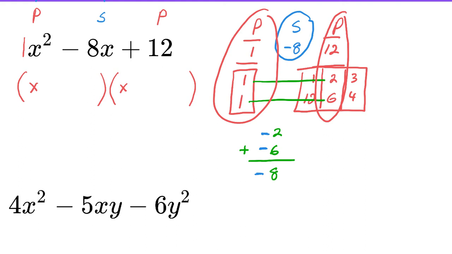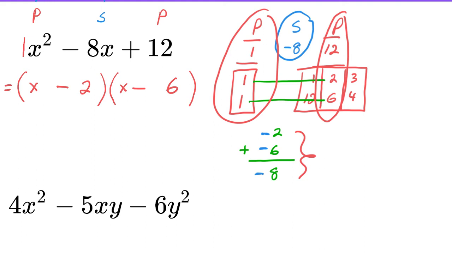In this example, the order doesn't matter because our values in the first position are both 1. So I'm going to put my 2 and 6 in place. Remember that to make this negative 8, they both had to be negative. And we're done. We've successfully factored x squared minus 8x plus 12.